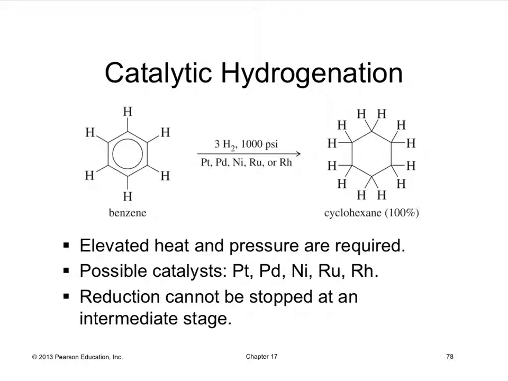You can do catalytic hydrogenation. In the presence of 3 equivalents of hydrogen, very high pressures, and catalysts, a number of them shown here, you can reduce, right? And rather than reducing just a single bond, it reduces the entire ring to cyclohexane.